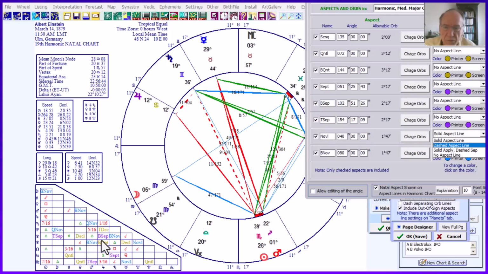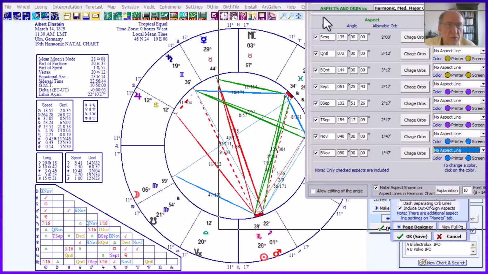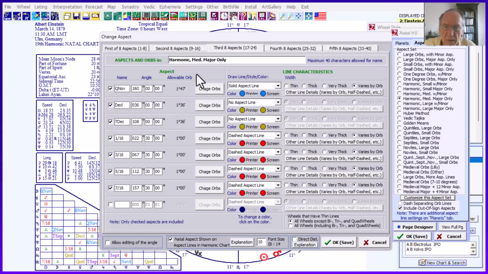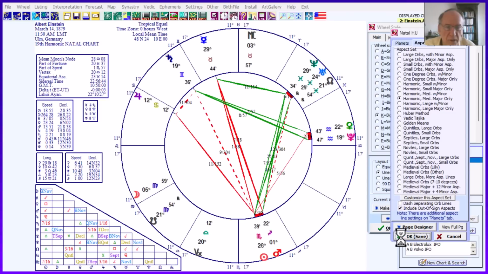That way it's still over here in the grid. Let me just set it back to the way it was. No aspect line, no aspect line. Let me drag this over here so you can see what I'm doing. A lot of that was off the screen. Sorry about that. I'm just changing this back to no aspect line, and the quad novile, no aspect line. And I restored things back. Click OK, OK, OK.